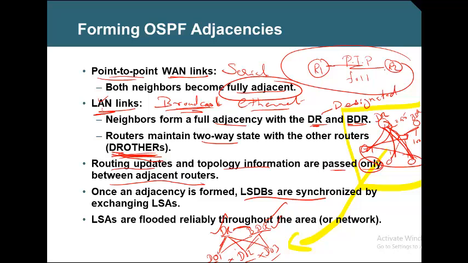So the decision will be made using the router ID. The router with the bigger IP address as the router ID becomes DR. The router with the second biggest router ID becomes BDR. Right, this is how the election happens.